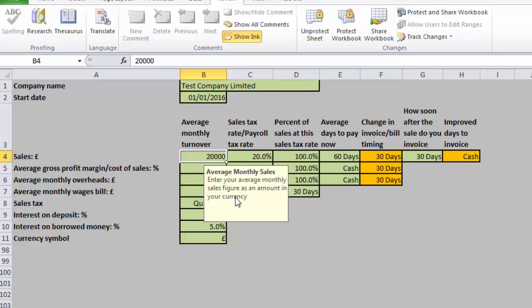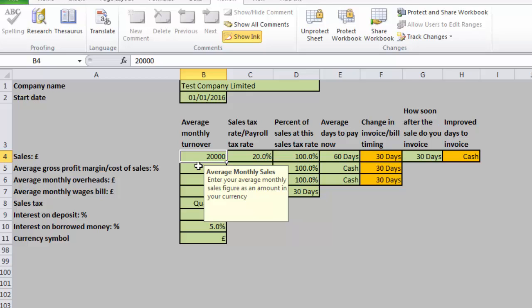So what I've done is I've put in our average sales of 20,000. And it is a matter of just saying what you are going to average on a monthly basis. It takes things down to very simplistic terms. So if you're an existing business, look over your last 12 months, total it up, divide it by 12, and put that figure in.